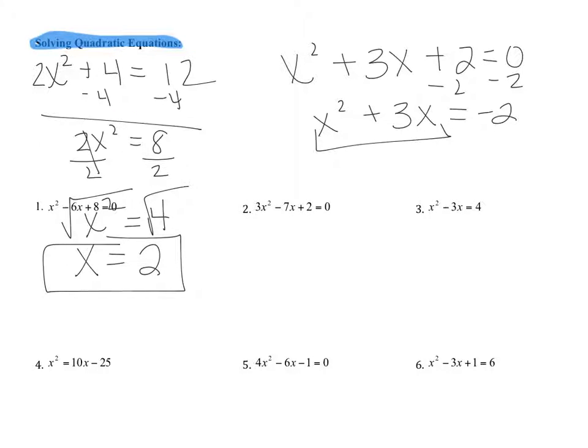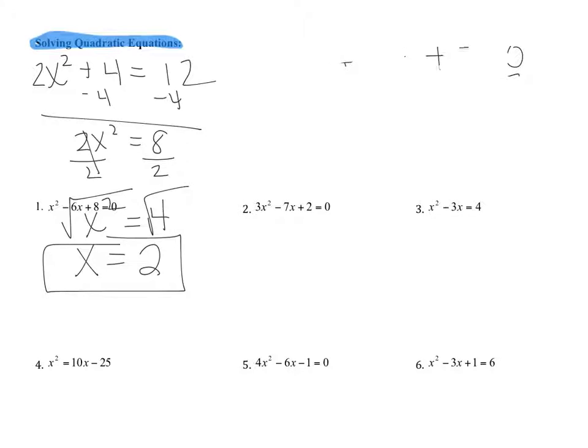No. I can't combine these because this one has an exponent and this one doesn't. So I'm never going to be able to get x by itself in a problem like this because I'm not going to be able to combine these. So my question is, well, what do I do when I have an x squared and an x in an equation? Well, I'm going to have to factor.